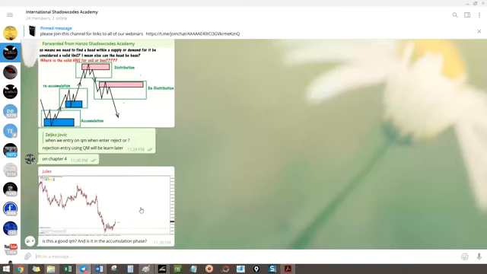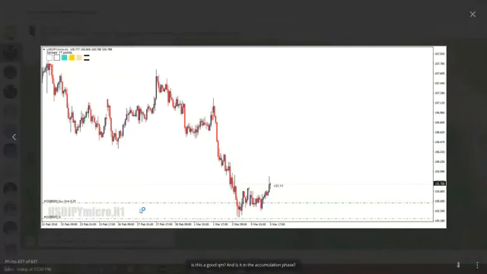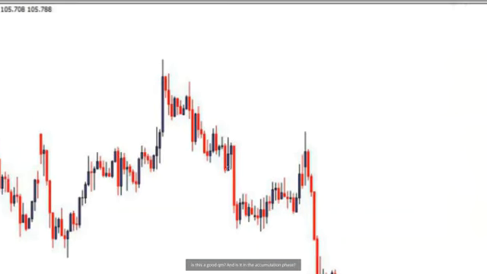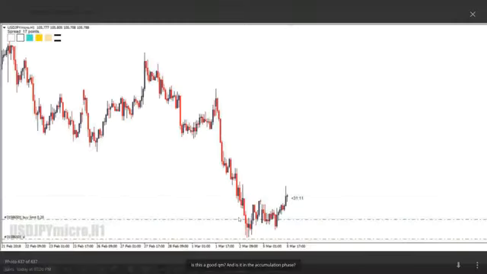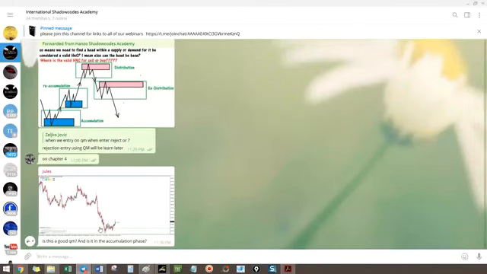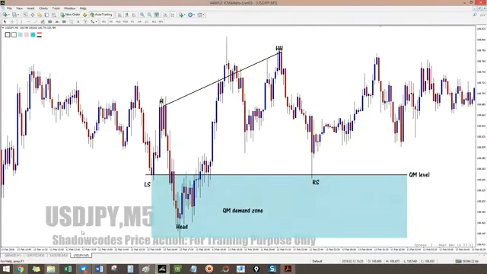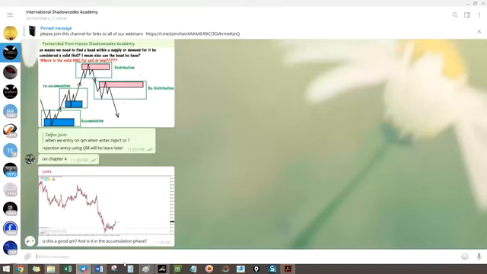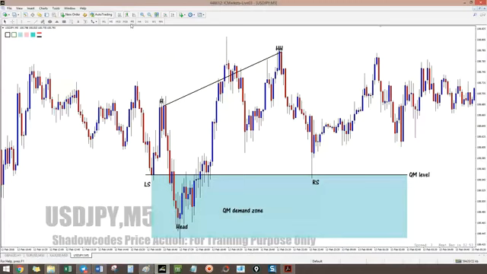Is this a QM, and is it in accumulation? Which one? Are you sending this one, or this one? It's already broken. We can find a buy setup actually, USD JPY, or this one. What time frame is it?